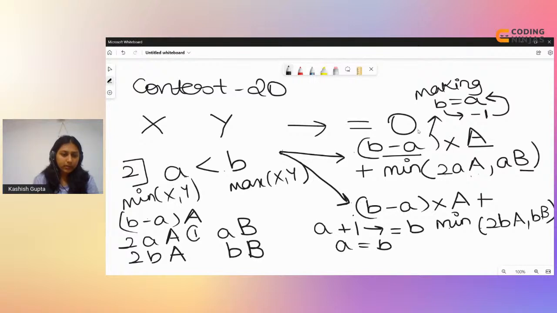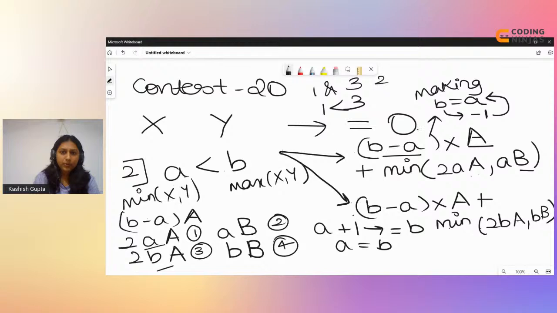Let's say these are equations 1, 2, 3, and 4. In 1 and 3, we know 1 is always less than 3 because A is less than B. Similarly, in 2 and 4, we know 2 will always be less than 4.